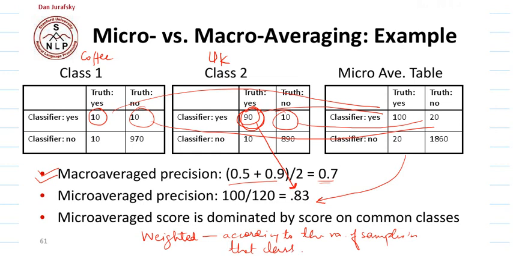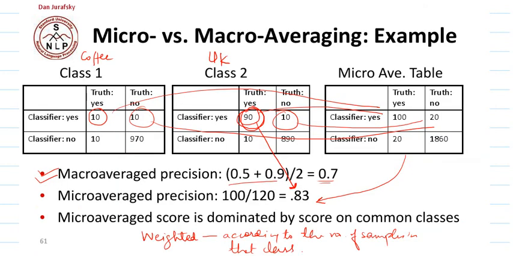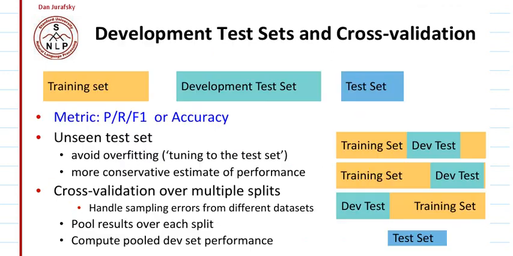In this way we are able to calculate the micro averaged and macro averaged precision, recall and F score.